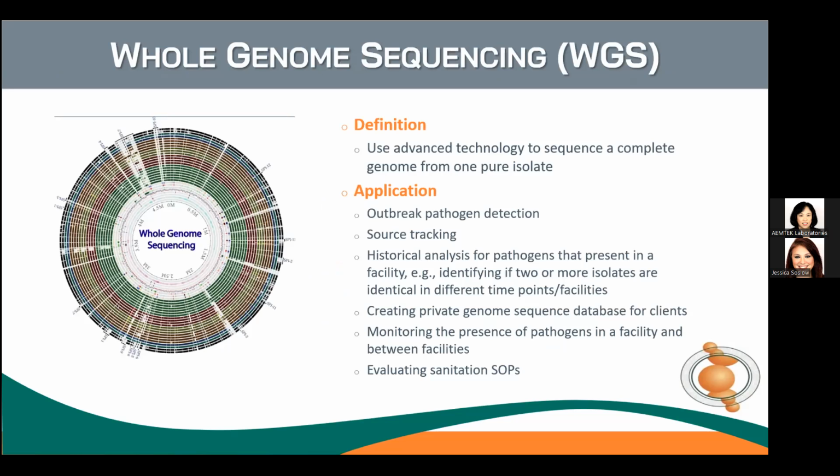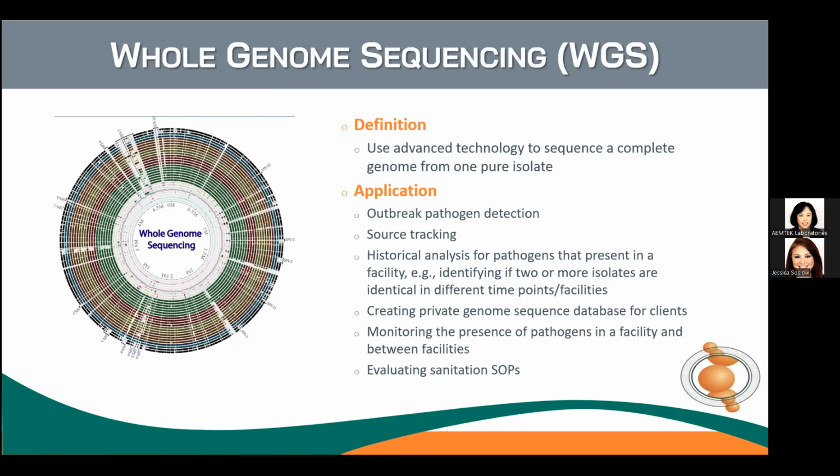Because once you get the DNA sequence, you can store it in either your private database or public database, and then you can compare your new strains with the sequences in the database to identify if two or more isolates are identical at different points in time or in different facilities.